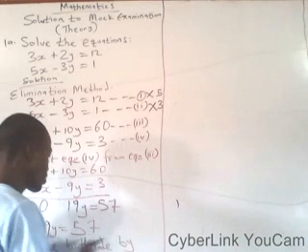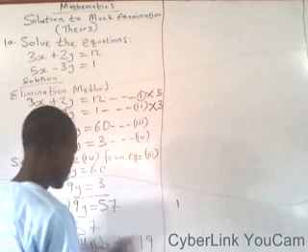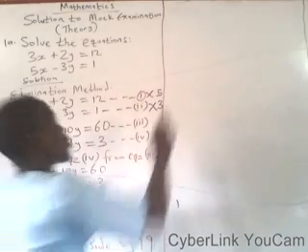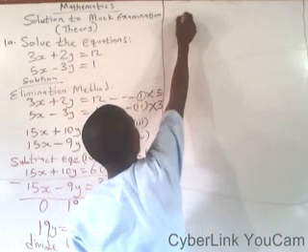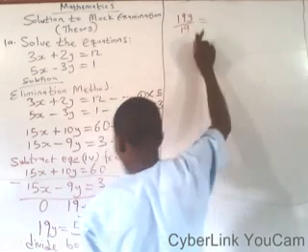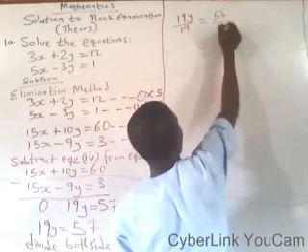We are going to divide both sides by 19. Now, if we divide both sides by 19, we are going to have this 19y all over 19 equals to 57 all over 19.